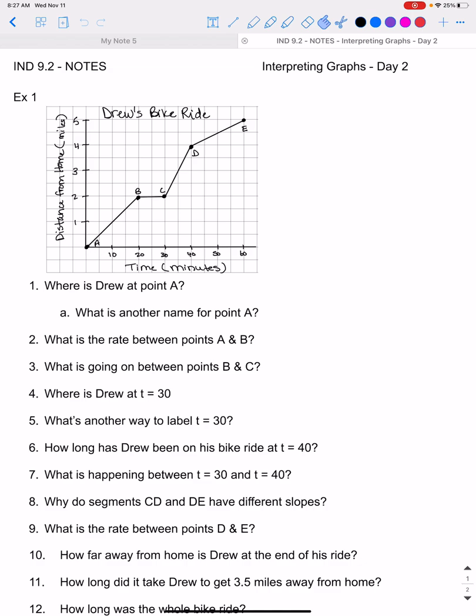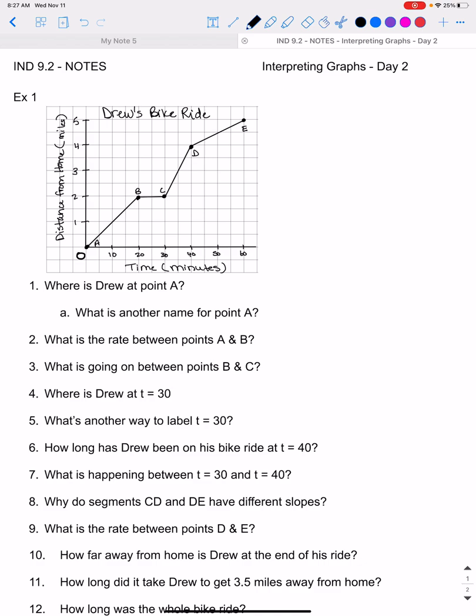So that tells you that Drew's bike ride started at home, so at the origin point, or at 0, 0, which is right here. Okay, at 0, 0, he's home, okay? And the title doesn't tell us where he's going, so we need to keep that in mind when we're answering some of these questions.